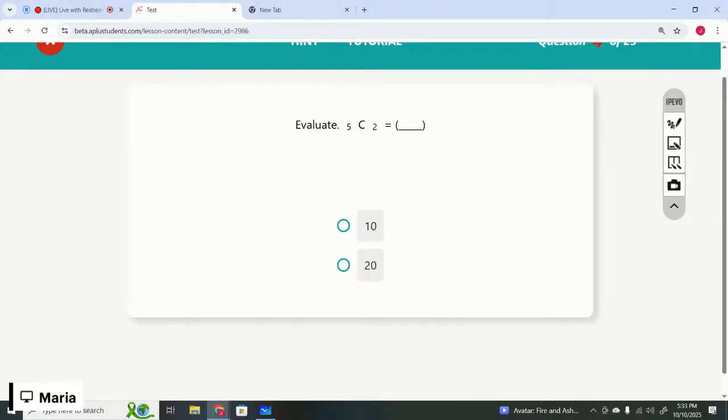5C2. So which is the correct option? 20 it is.